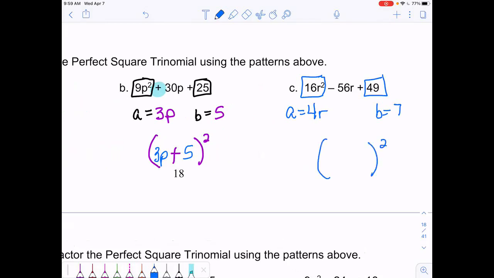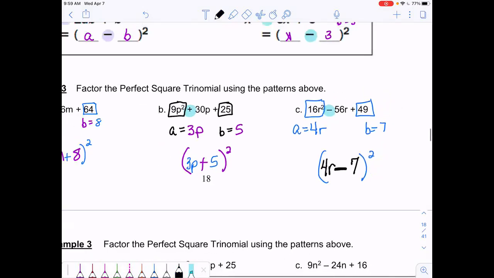Is it a plus or minus inside? Look, it's a minus. So that middle sign is what determines if it's a plus or a minus. And then what goes in the middle, Emma? 4R minus 7. Questions? So again, that's it. There's nothing else to do to factor it. One step factoring.